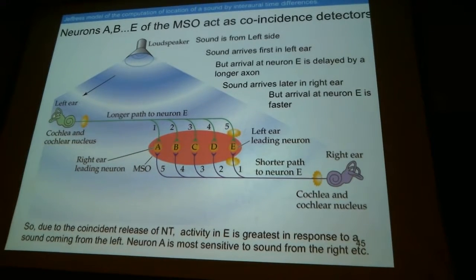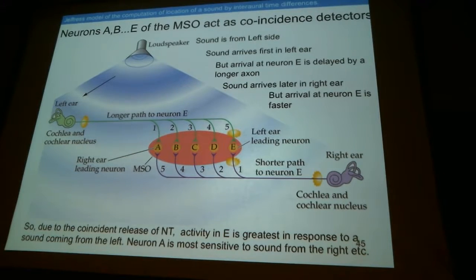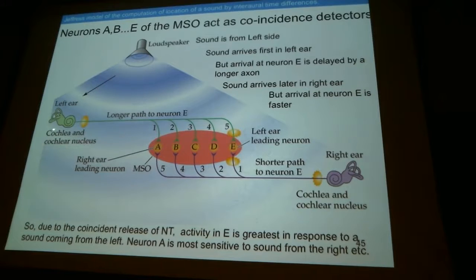There's a finite velocity along those axons. So the longer the axon, the longer it takes for the action potential to go down the axon. So it goes down the axon and arrives at neuron E. In the meantime, sound has arrived at the right ear, fires off an action potential, and in a very short time arrives at neuron E.